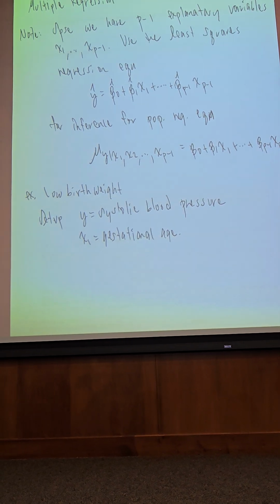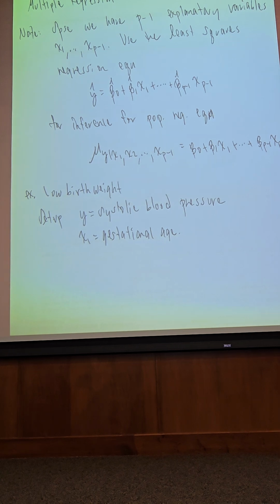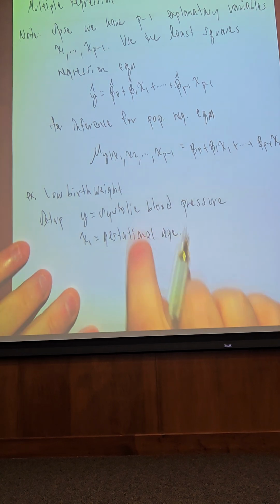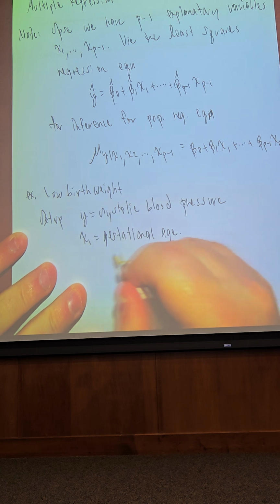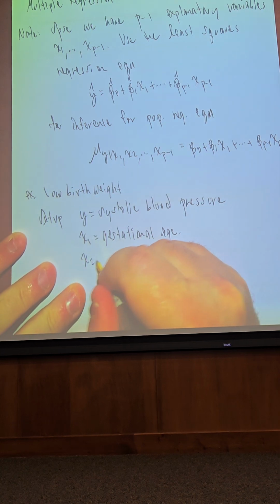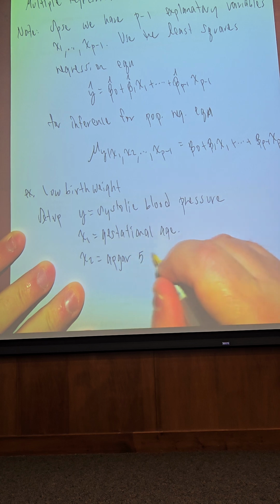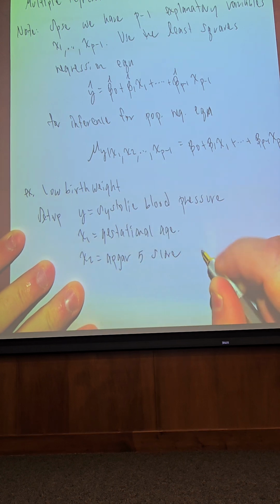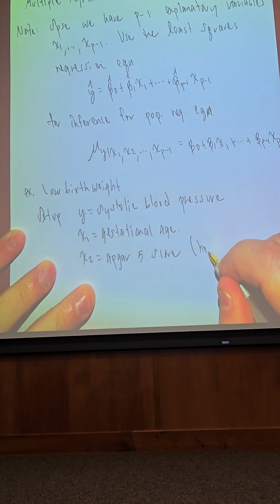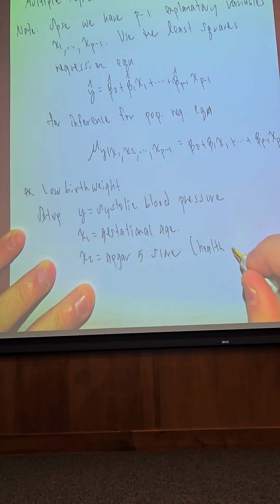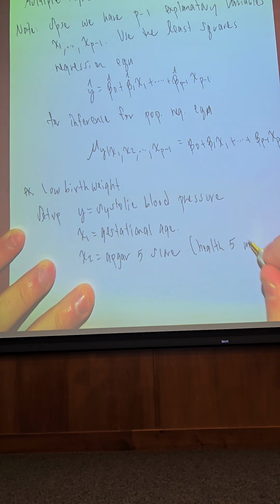The second variable, X2, is the Apgar 5 score, a measure of the health of the baby 5 minutes after birth.